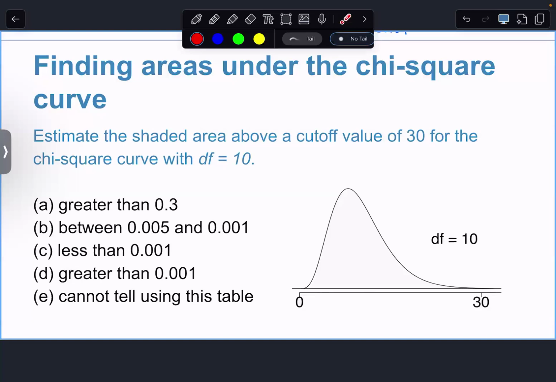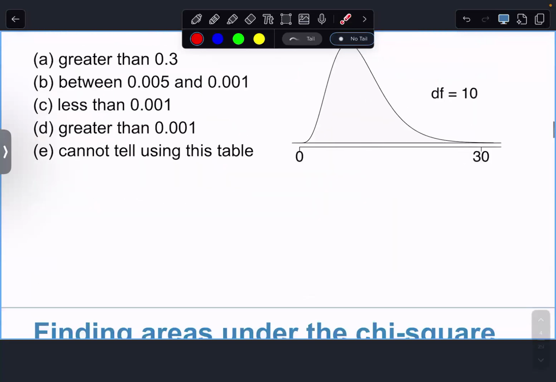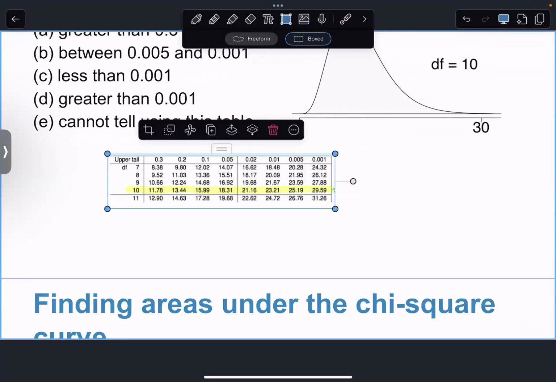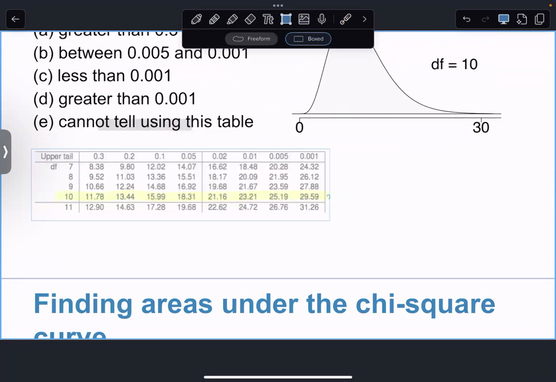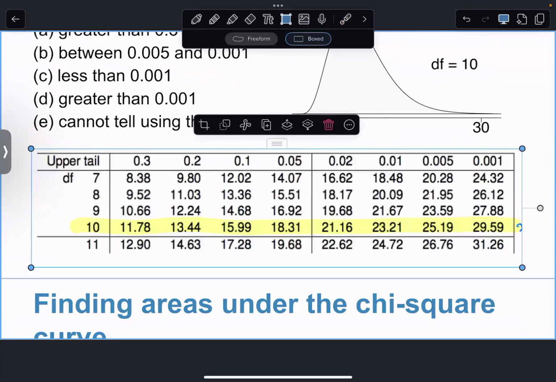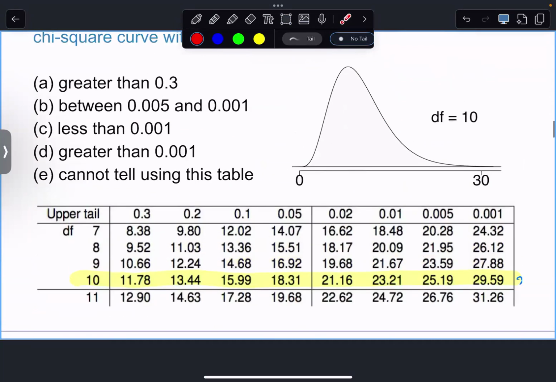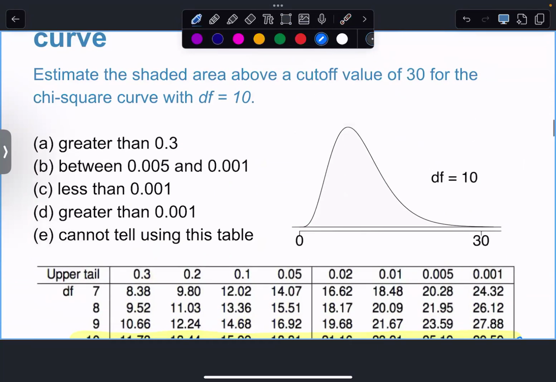Let's do the same thing. Now it's conveniently highlighted at 10 degrees of freedom from before. So that's nice. But now I have a chi-squared of 30. I like to label it chi-squared calculated just to emphasize that it's something I've calculated as opposed to the critical value later.